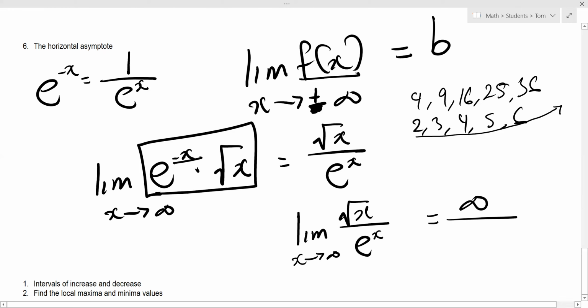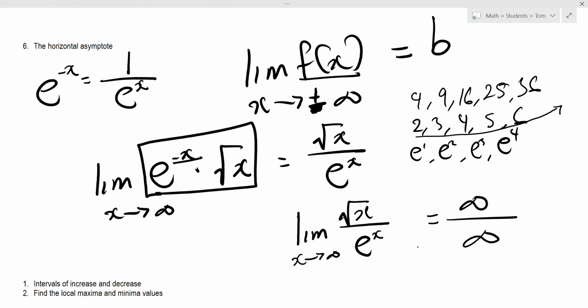For e to the power of x, we have e to the power of 1, e to the power of 2, e to the power of 3, e to the power of 4. So as x gets closer and closer to infinity, e to the power of x also gets closer and closer to infinity. So we have infinity over infinity. What do we do now? We have a stumbling block. What is infinity divided by infinity?